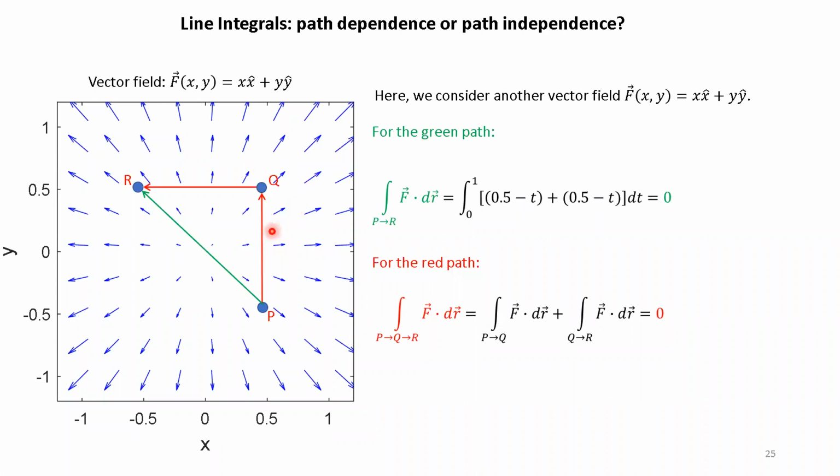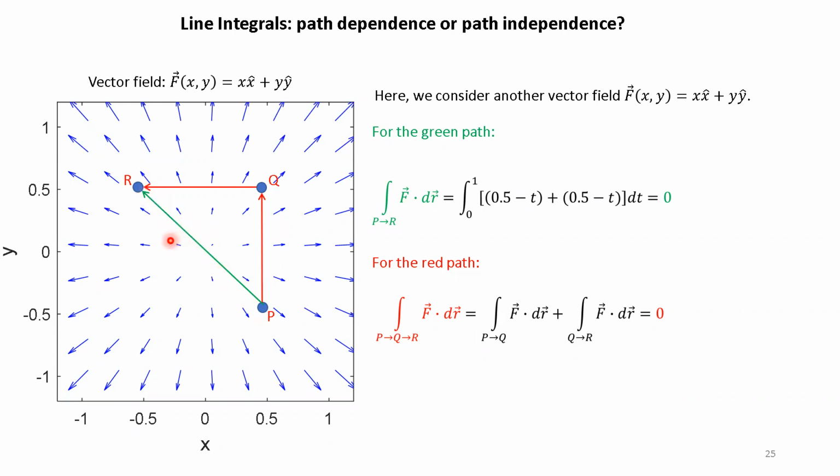Now physically you can again understand why. When you go along the green line, in the first half of your journey the vector field is trying to go against you, but in the second half the vector field is trying to push you forward.